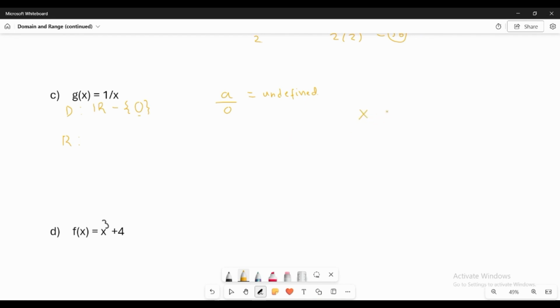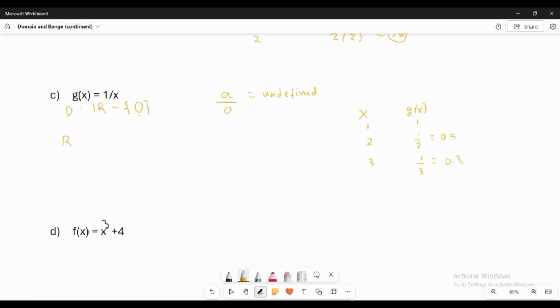If x is 1, then our output g of x is also going to be 1. If x is 2, then g of x will be 1 divided by 2, that is 0.5. If x is 3, you will have 1 divided by 3, that is 0.33 and so on.